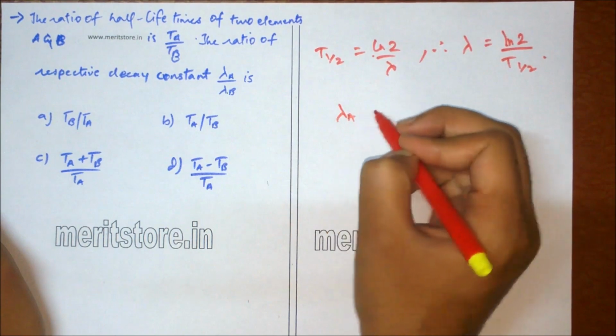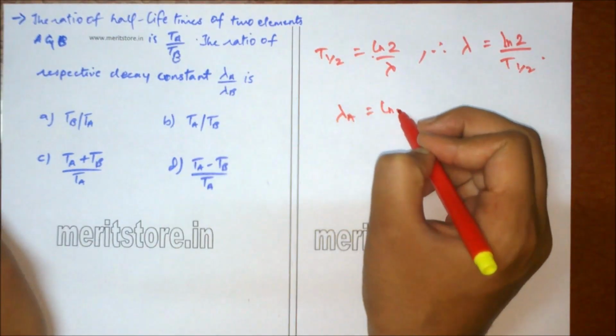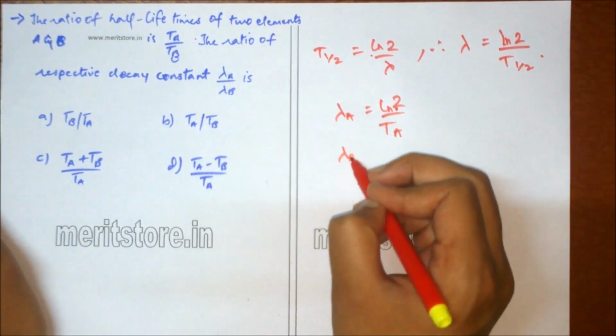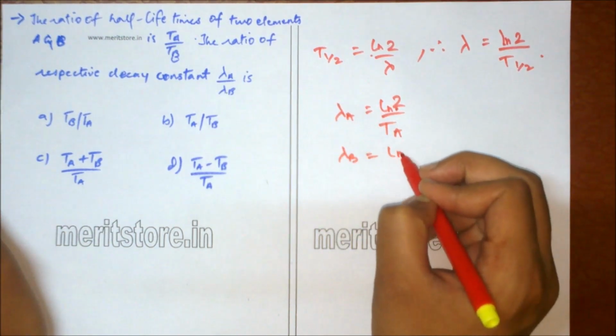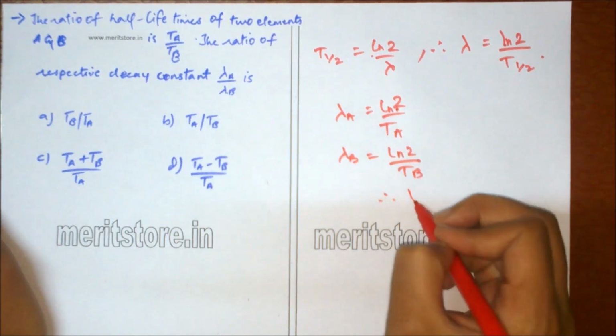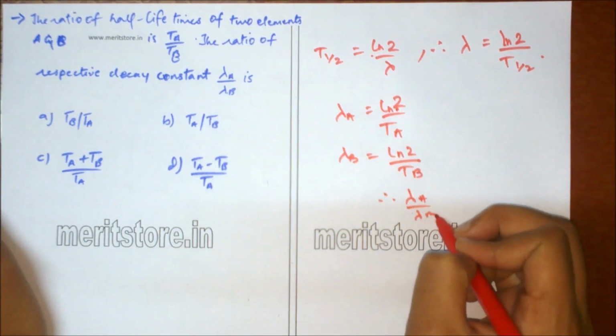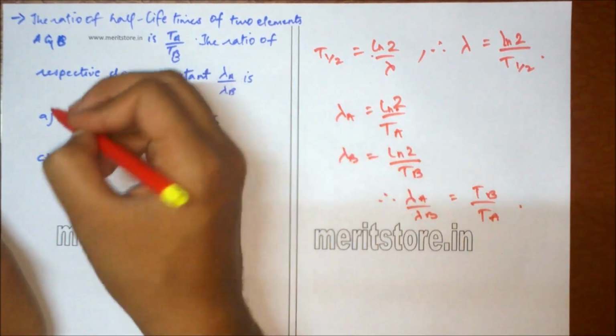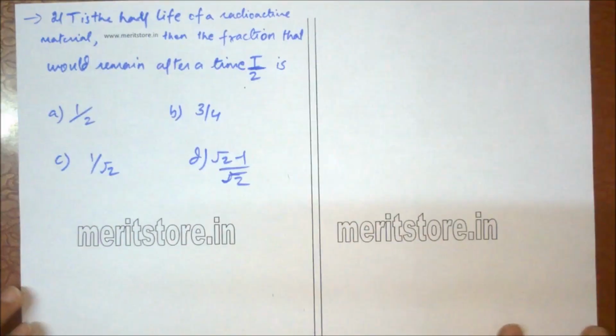So lambda A is equal to ln 2 upon half-life of A. Lambda B is equal to ln 2 upon time B. So lambda A upon lambda B is equal to time B upon time A. Option A is the correct answer.